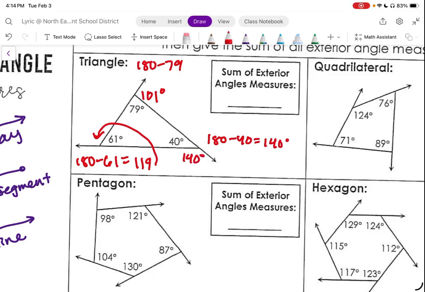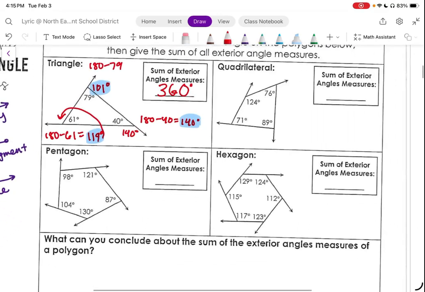So now for this little box right here, it says the sum of the exterior angle measures. So we're going to take 101, 140, and 119 and add them together, and we get 360. Interesting. Okay, I want you to try the next three on your own: quadrilateral, pentagon, and hexagon. I'm going to give you a few seconds to pause the video and try these on your own.